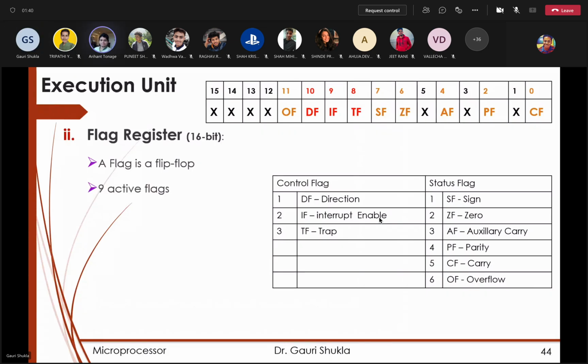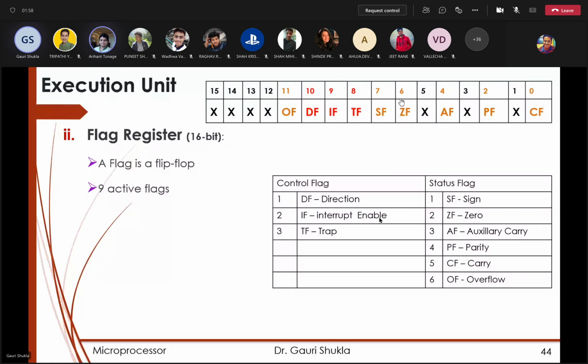Yes? Can you please connect your earphone again, because your voice is not clear. I'm able to hear, but it is a little dull. Yes, ma'am.